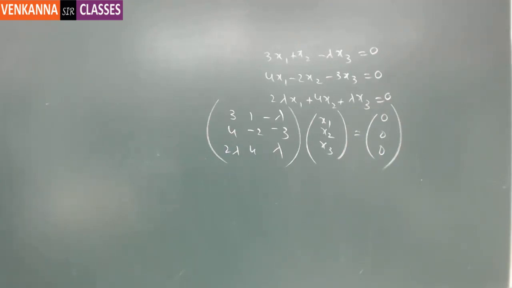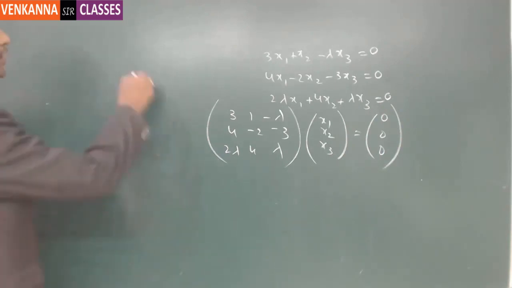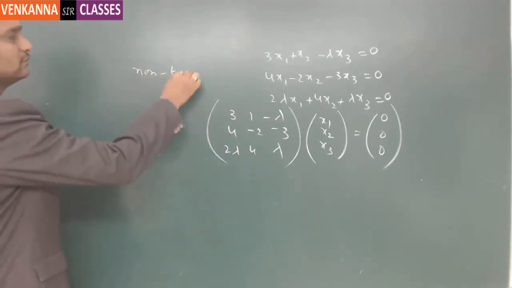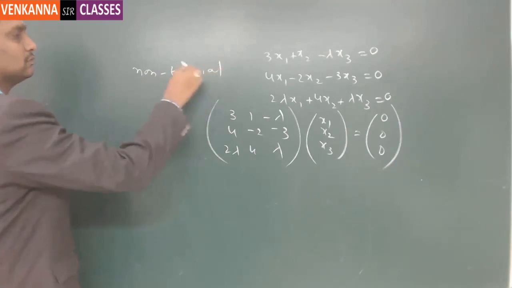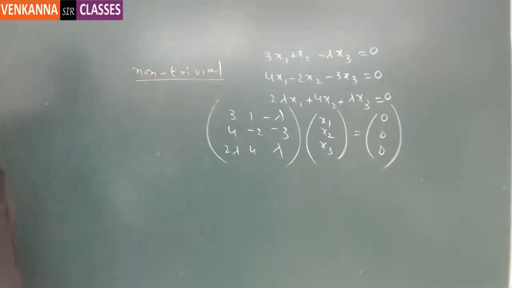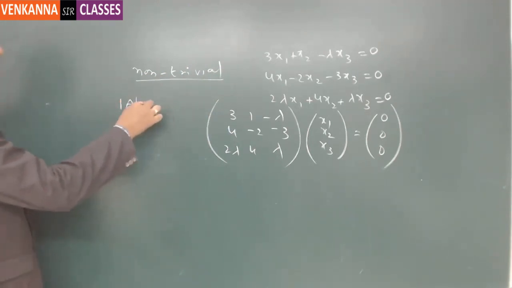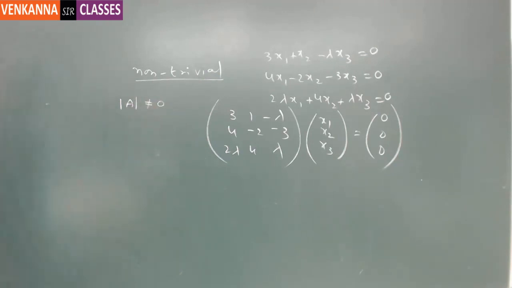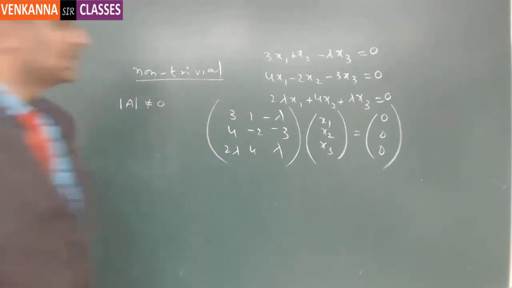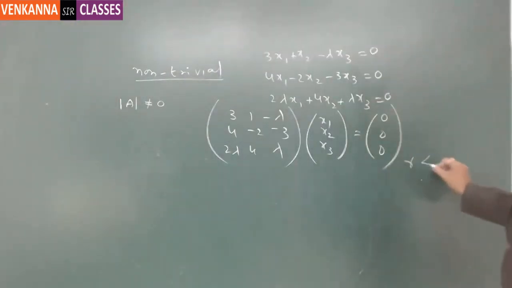So what is the condition to be checked by us to have non-trivial solution? Since it is a square matrix, we are not dealing with the rectangular matrix. Always the rank of the matrix must be less than the number of variables.